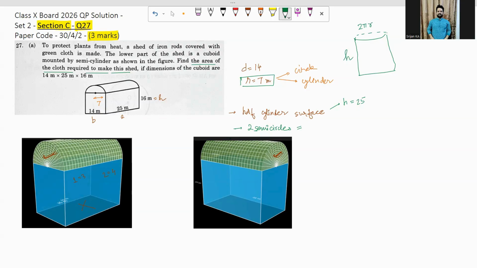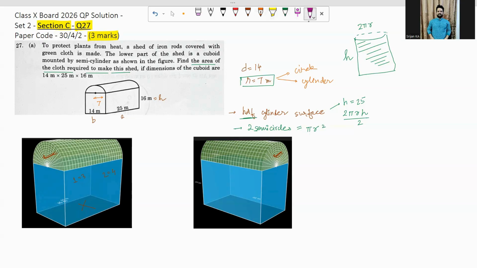So 2 pi r h is the surface area, but you want only half of it, so you divide by 2. Now these 2 semicircles, where the cloth will be wrapped as well, also have to be calculated. That's one circle, so one circle has pi r square.